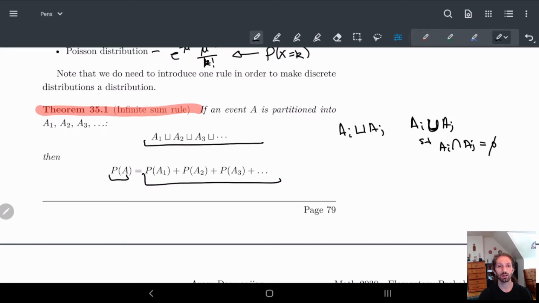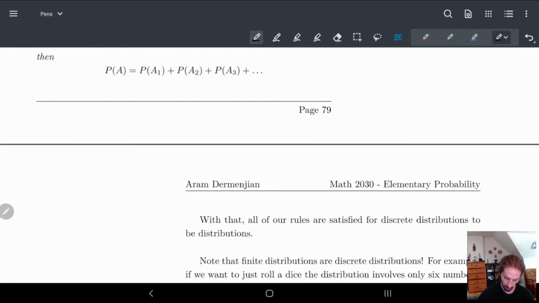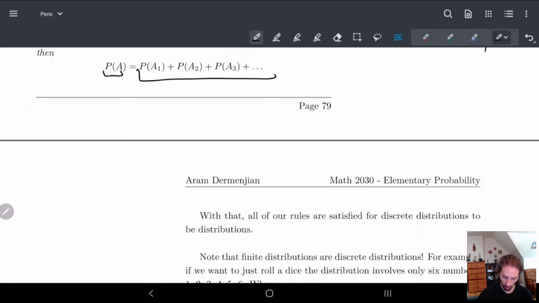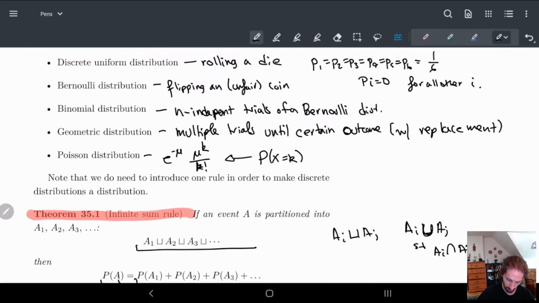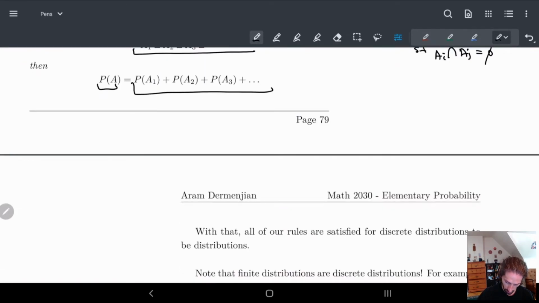So this basically gives us our three rules, and we're done. The three rules, if you recall, are: non-negative, which was the first condition; total sum, which was the third condition; and we just added the second condition, which was addition.